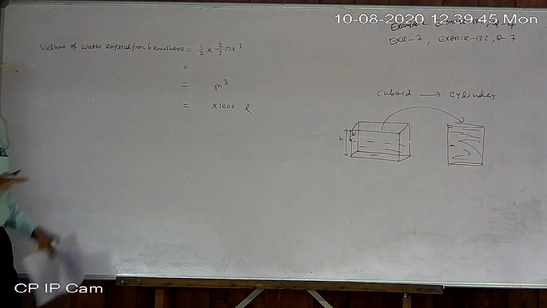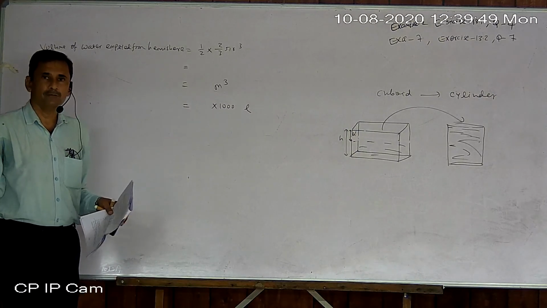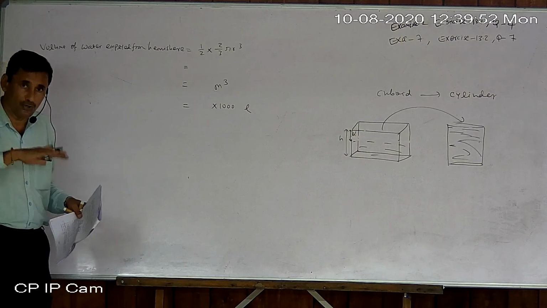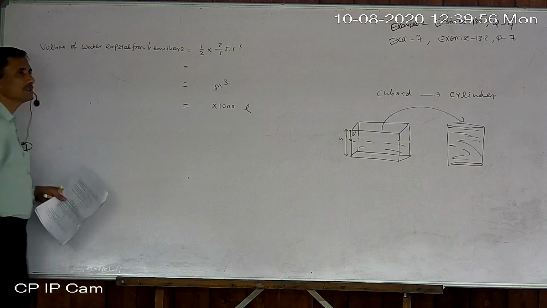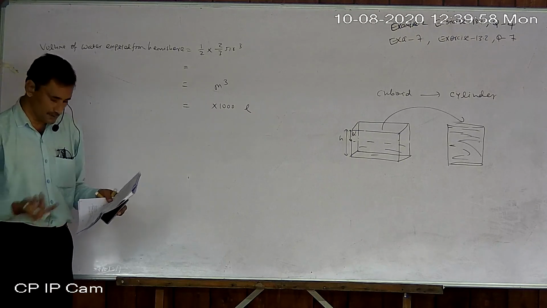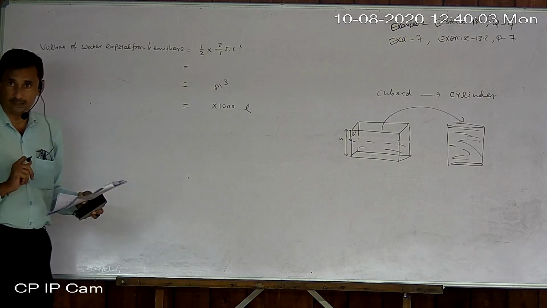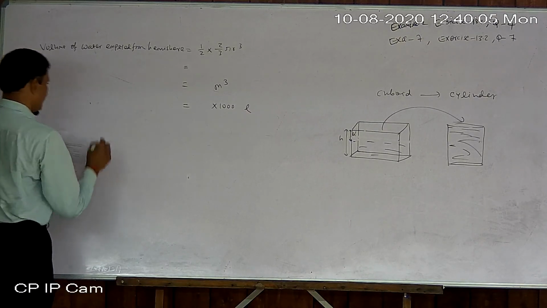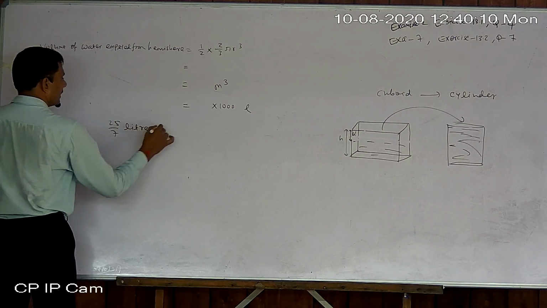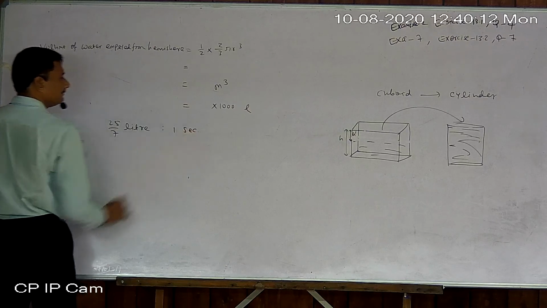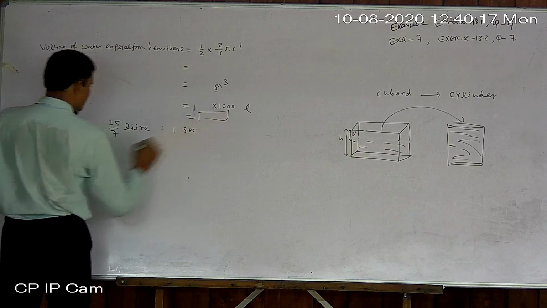So how much water flows through the pipe? Not the whole tank, only half the tank's water is removed. Now write the cross multiplication step. They have given 3 integer 4 by 7 per second. So 7 3s are 21 plus 4, 25 by 7 liter is equivalent to 1 second. So you get so many liters here.